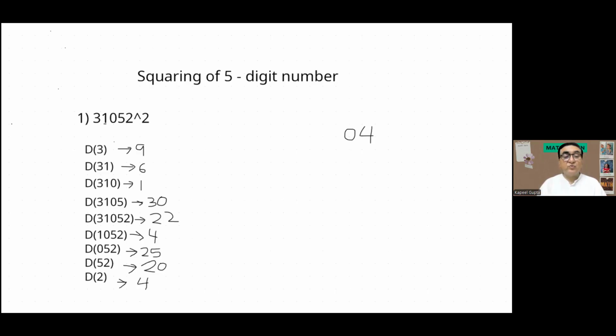Then 25 plus 2 becomes 27. So I wrote 7, carry forward 2. Then 2 plus 4 becomes 6. Then 22. So I'll write 2, carry forward is 2. Then we have 30 plus 2, 32. So I wrote 2. Carry forward is 3. Then 3 plus 1 is 4. And then 6 and 9. So this is our final answer, right?